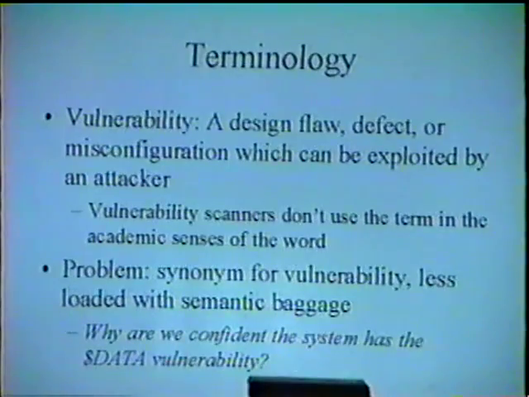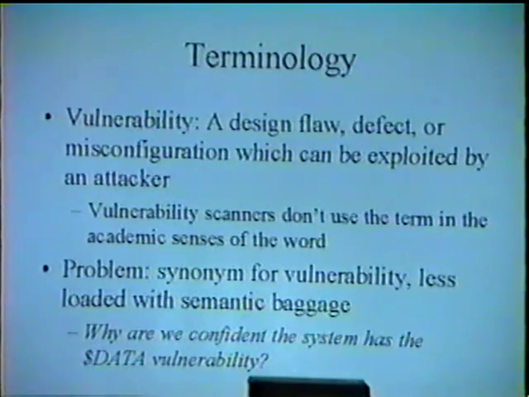So, a vulnerability we use in a non-precise sense. It's a design flaw, it's a defect, it's a misconfiguration, it's a bad password, it's anything somebody can take advantage of. And if you talk to academics about what a vulnerability is, there's some great work that was done at Coast in really defining exactly what a vulnerability was and what you should and shouldn't call a vulnerability.